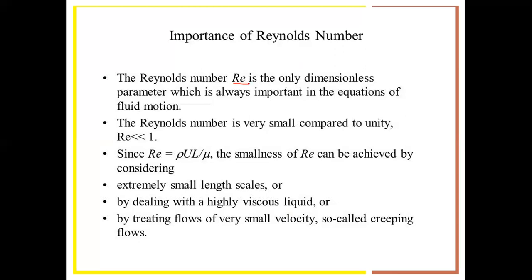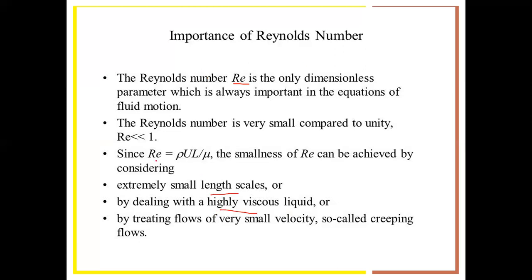The Reynolds number is very small compared to unity, or equal to unity, when dealing with extremely small length scales or a highly viscous fluid. So the Reynolds number is very important in solving problems with highly viscous liquids at extremely small length scales.